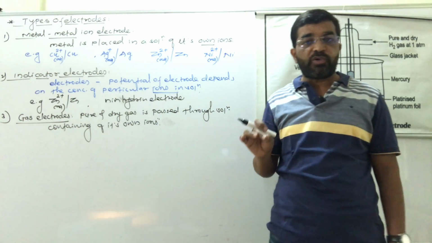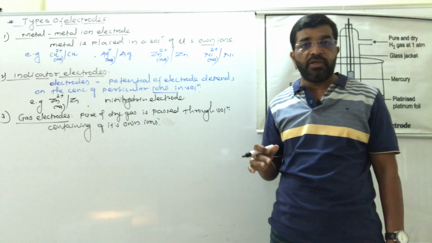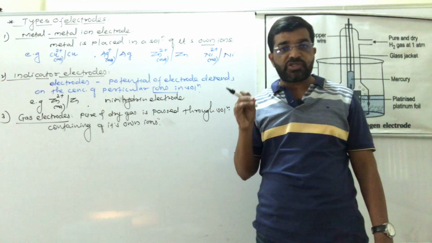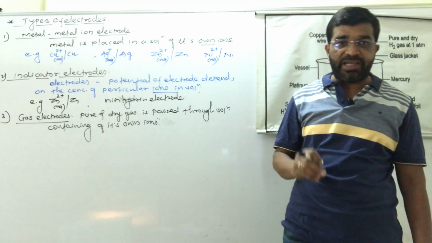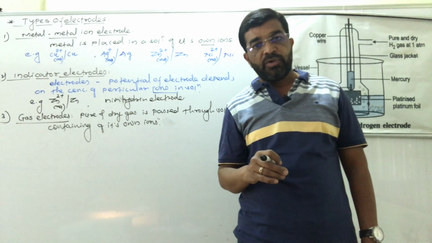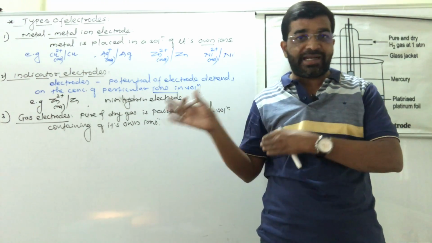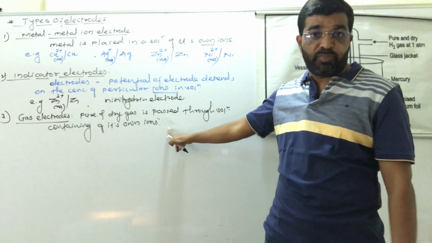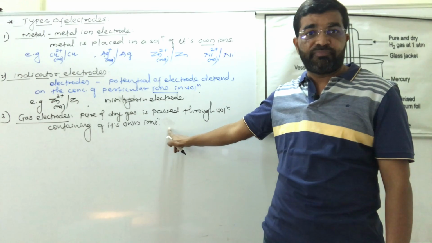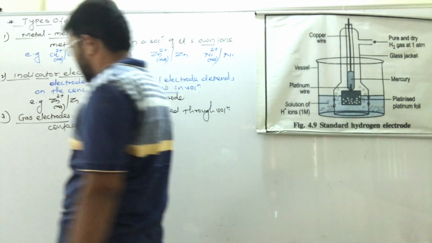That electrode is called a gas electrode. In a gas electrode, pure and dry gas is bubbled around a platinized platinum foil or plate placed in a solution containing ions of that gas, its own ion. That is known as the gas electrode.